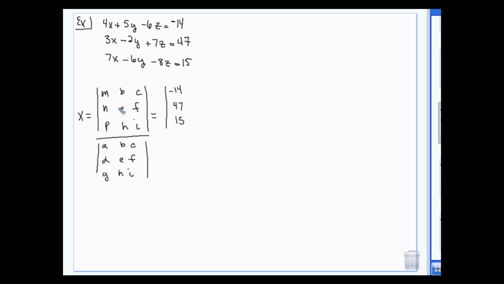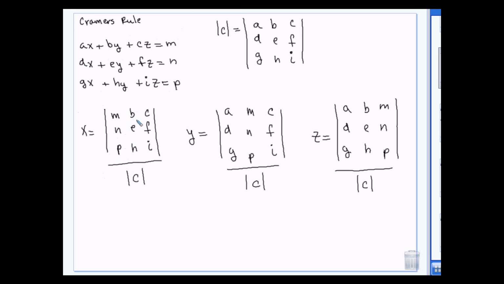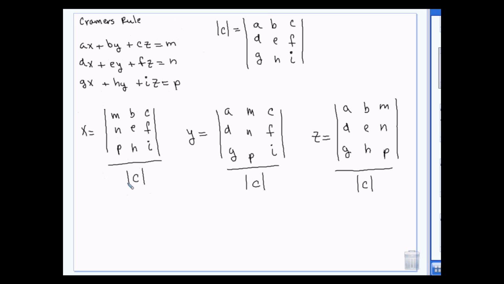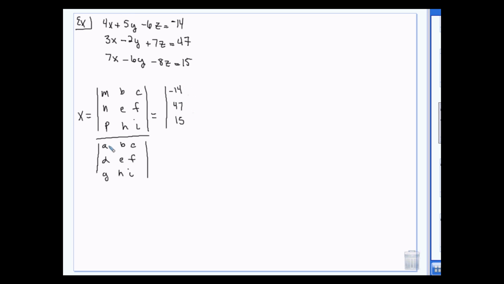MNP, right? MNP, BEH, CFI. Isn't that what I just wrote? Yeah. I just wrote out the coefficient matrix. So instead of doing this, I wrote it all out, just so when we're filling it in. Okay, so then 5, negative 2, negative 6, and then negative 6, 7, negative 8. And that's going to be over 4, 3, 7, 5, negative 2, negative 6, negative 6, 7, negative 8.